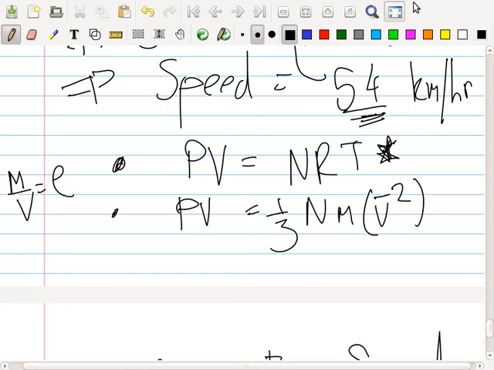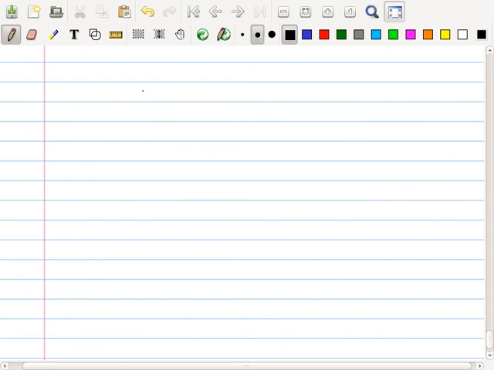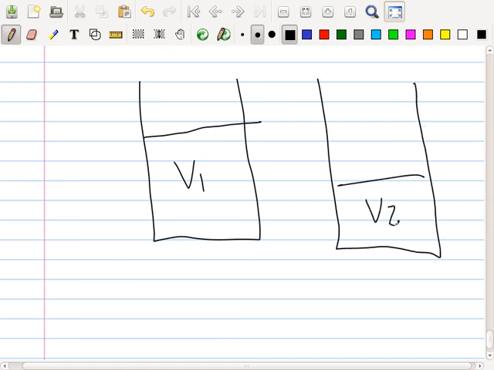Actually, there's one last formula I want to give you. If I have this here, and its volume is V1, and I make it smaller to V2, and I want to know how much work I do to do this.